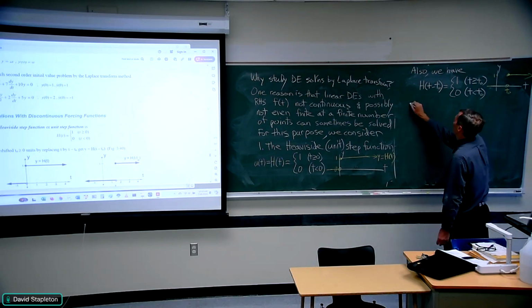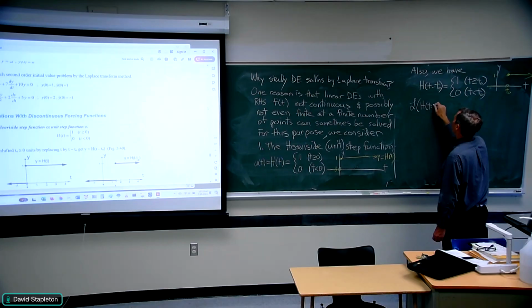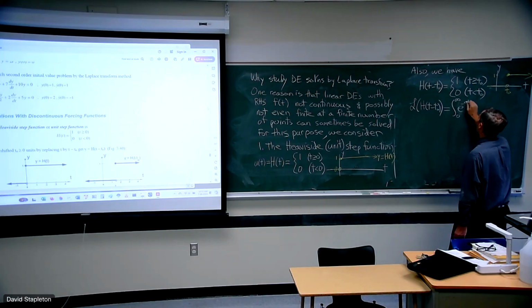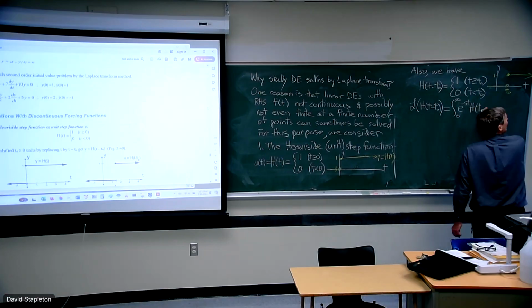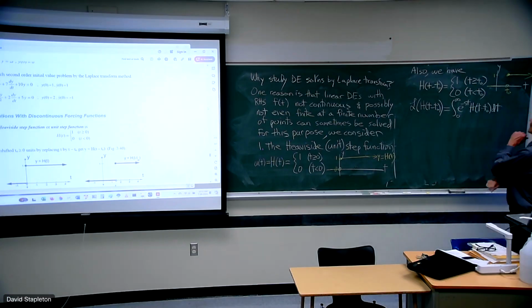All right, so what's the Laplace transform now, most generally, of h of t minus t naught? Well, that's the integral from 0 to infinity of e to the minus st, h of t minus t naught, dt. Oh boy, how am I going to do that one? Do you see it? Maybe. Oh, I know what it is.